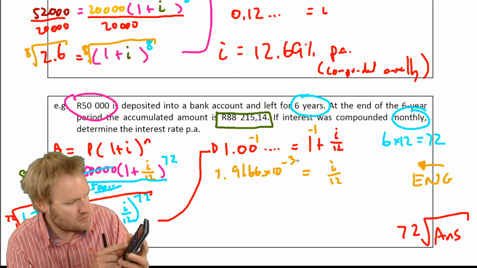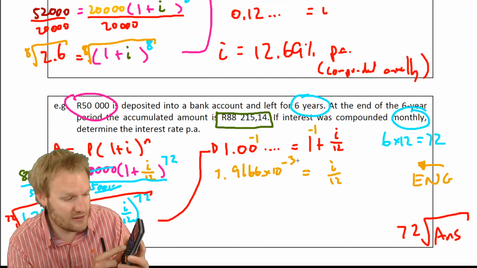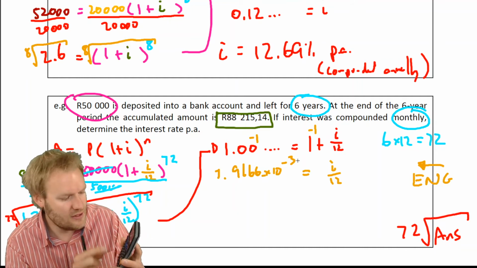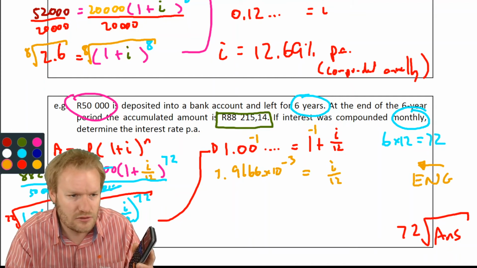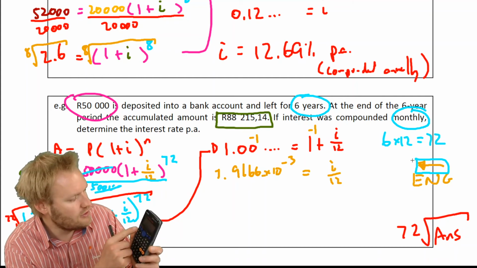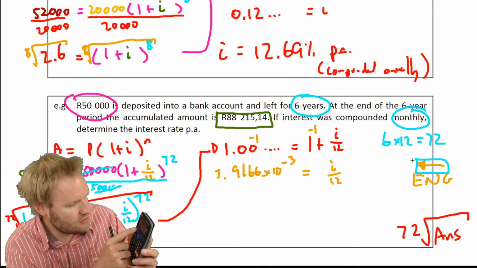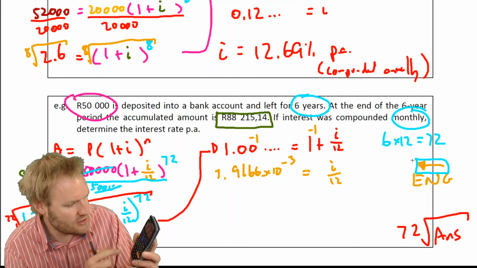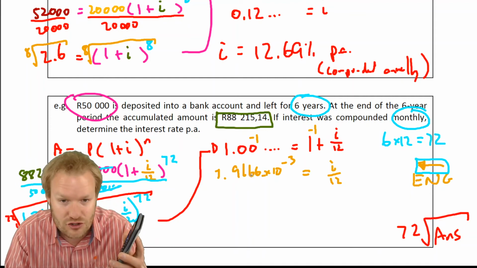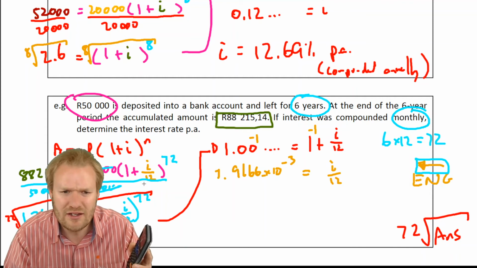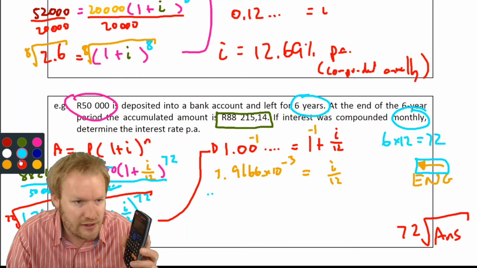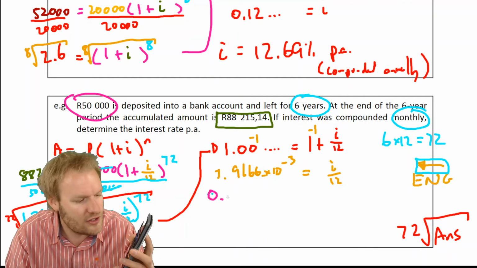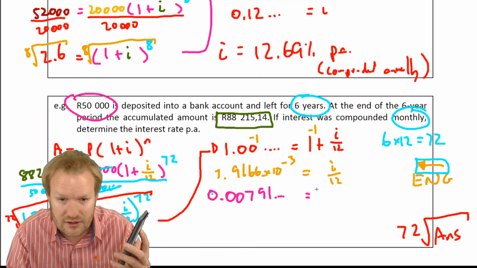So we can go shift ENG, shift ENG, shift ENG. And then it says times 10 to the 0. So it just tells us that number as a decimal. That number is 0.00791.